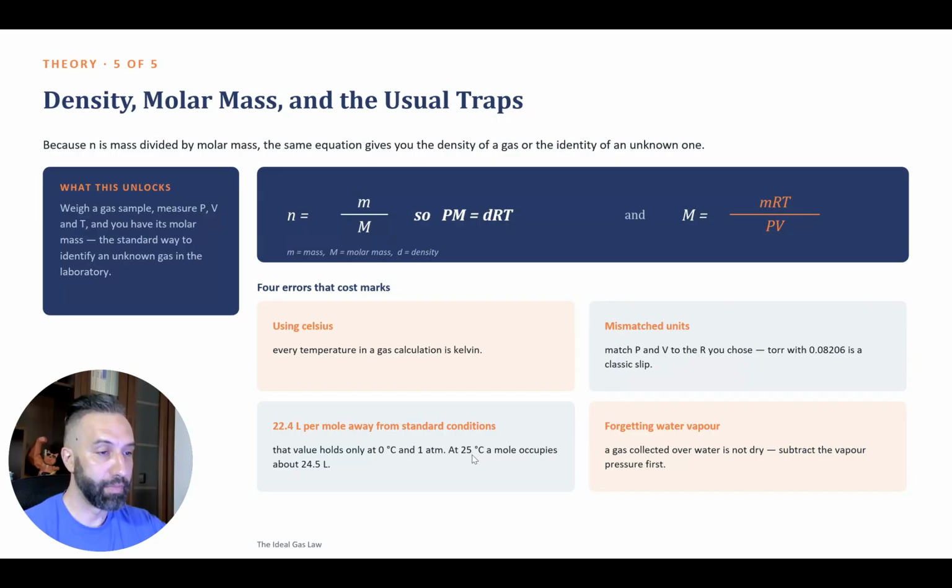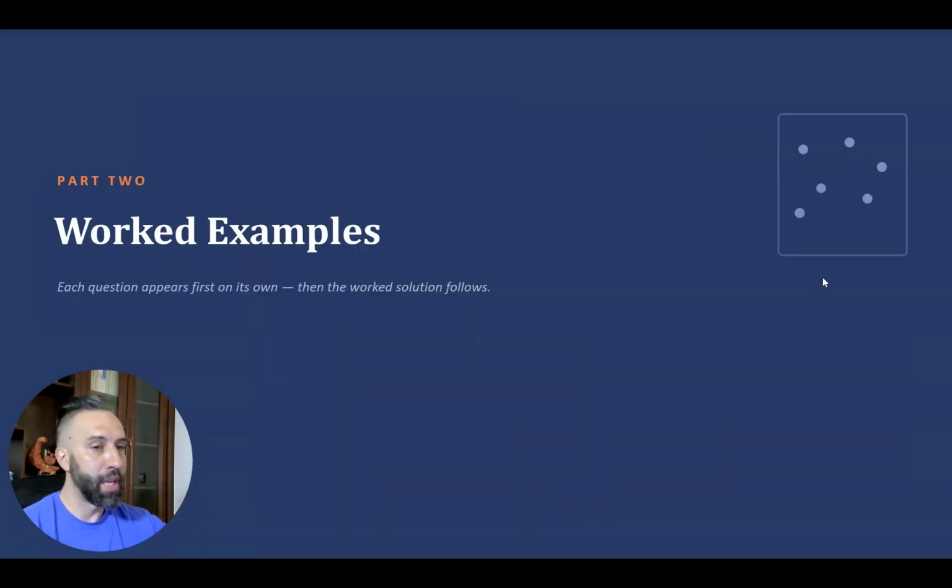So if you increase the temperature, that changes a bit, as you can see here. Yeah, be careful of mismatched units. Again, the units of R change, so make sure you check your AP appendix, and plug the correct units in. Now let's do some examples.